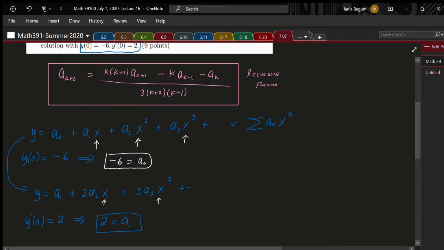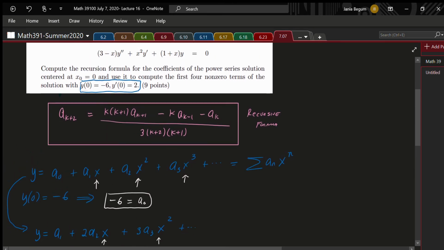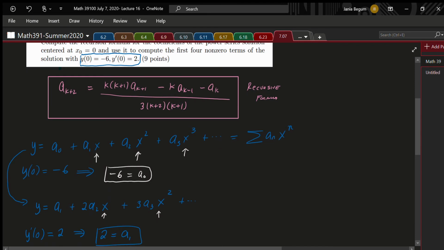So we can generalize that if you have initial conditions, the first condition is always a0, and you see why, and the second condition is always a1. If I give you another one, on the second derivative, you will know that will be a2, and so on.